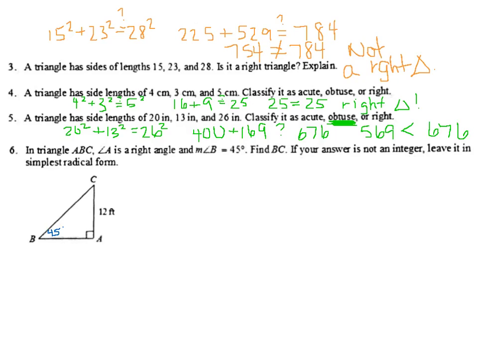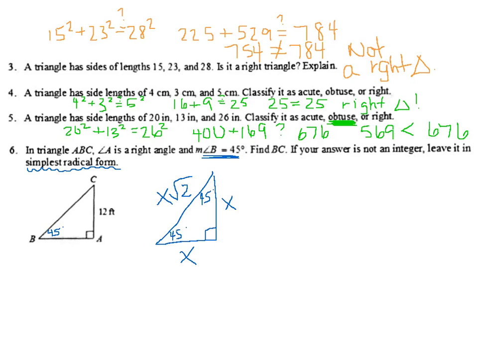Okay, so 45 degrees. We learned something about 45, 45, 90 triangles. And it's a hint to me that I need to use it because it says use simplest radical form. And I know that the rule, this is on your reference sheet, remember, is whatever my two sides are in a 45, 45, 90 triangle, I know that my hypotenuse is going to be the side times radical 2.